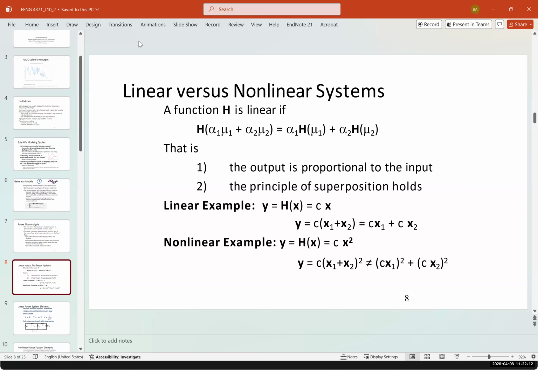Very simple. Nonlinear example: y is equal to h(x) or cx squared, and y of (x1 plus x2) would be c(x1 plus x2) squared, which is not equal to cx1 squared plus cx2 squared. It doesn't hold the superposition principle, and the output is not proportional to the input.